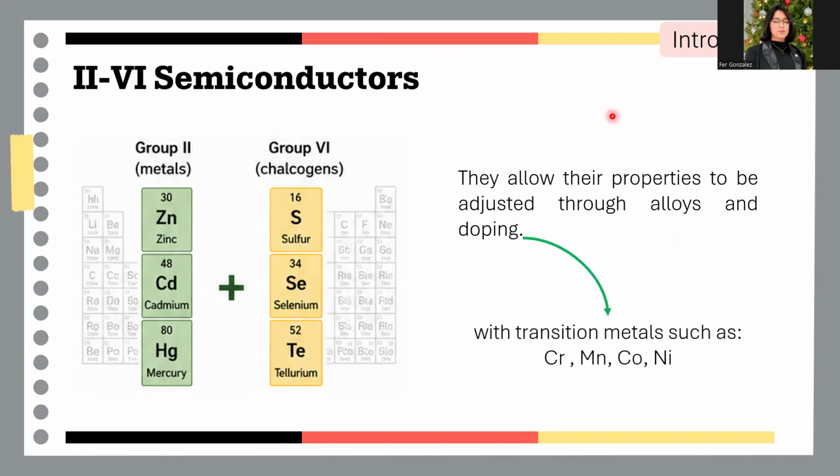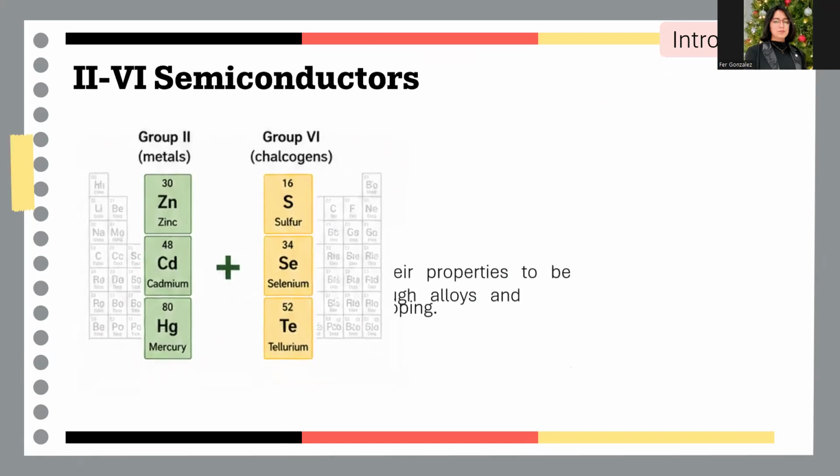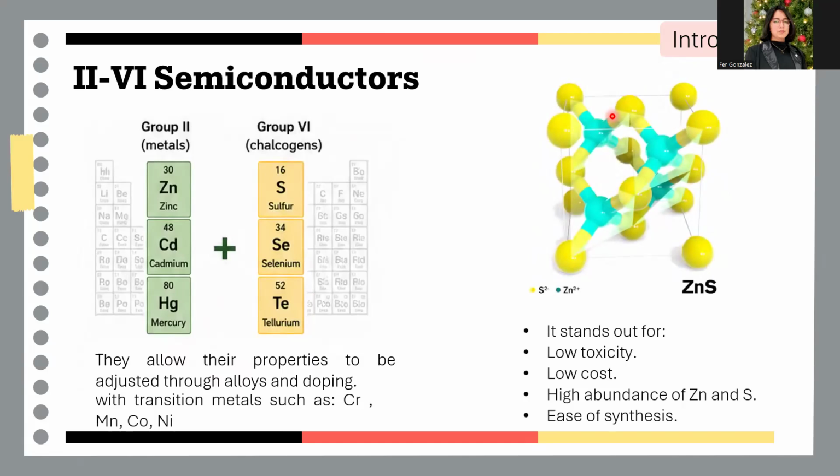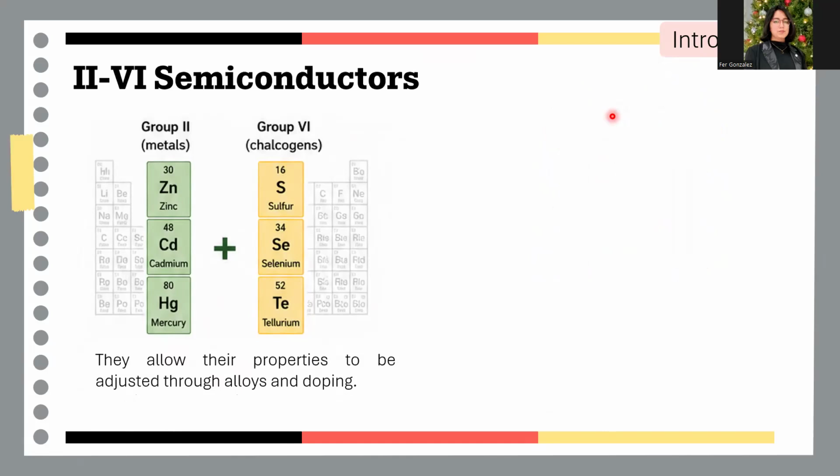Doping is, in most cases, done with transition metals such as chromium, manganese, cobalt, and nickel. This makes them important candidates for applications like solar cells, photocatalysis for hydrogen production, photoelectrochemical cells for water splitting, etc.